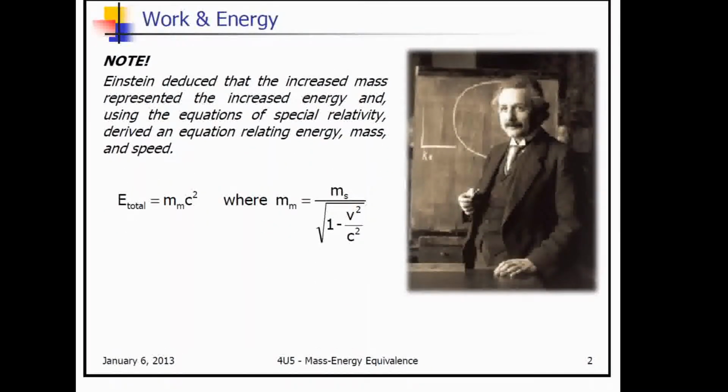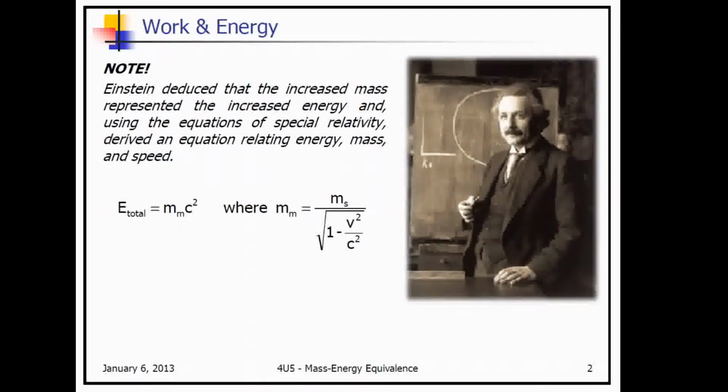Using that understanding, this is where Einstein came up with his famous equation: if the mass has to increase because we can't increase our speed anymore, then energy and mass must be related, and they're related in the equation E equals mc squared, where m is the relativistic mass, and that relativistic mass is equal to the proper mass divided by the relativity factor of square root of 1 minus v squared over c squared.